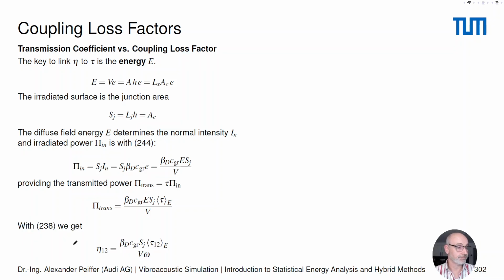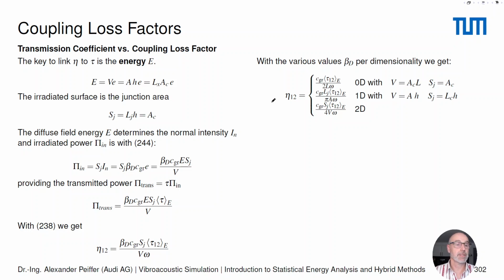So with the relationship that relates the coupling loss factor with the transmission coefficient, we will get this expression. So the shape of the formula is always the same, but there is a dimension-dependent property here.